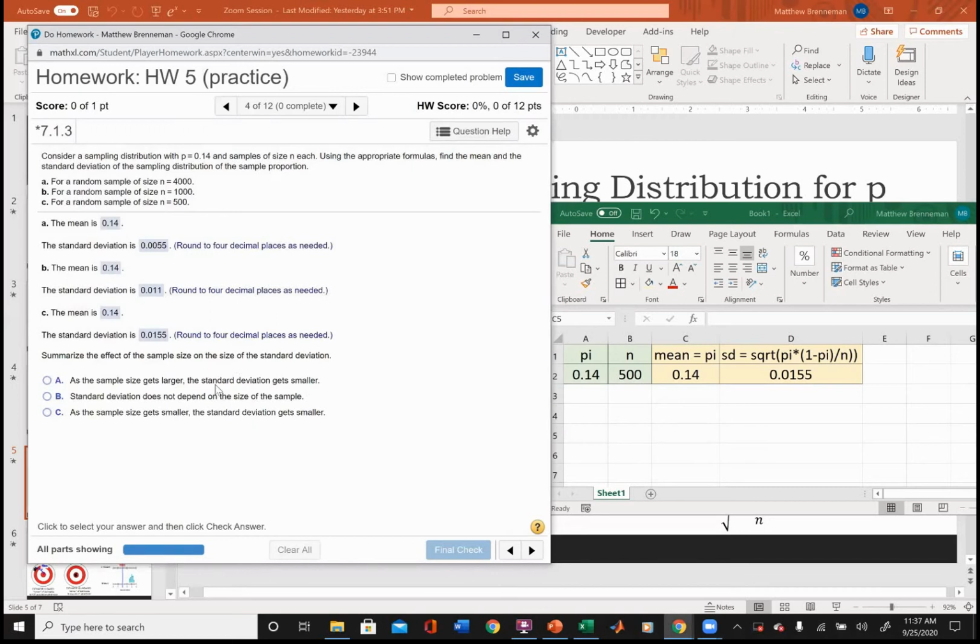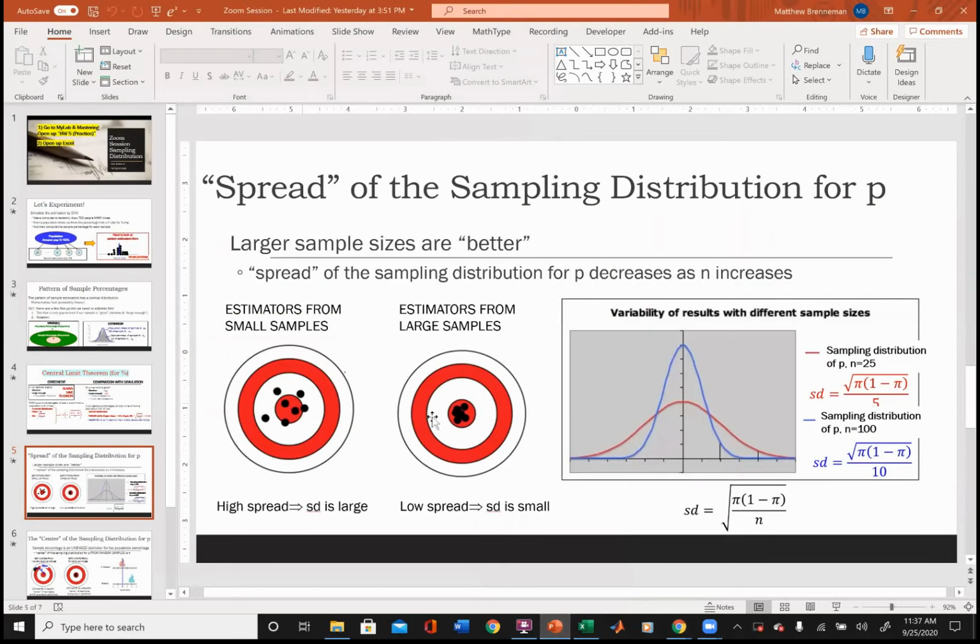So what effect does the sample size have on the standard deviation here? Anybody want to answer? As the sample size gets larger, what happens? As the sample size gets larger, the estimates get more clustered around the population. They have less spread. How do we measure spread? We know from module 3, standard deviation.